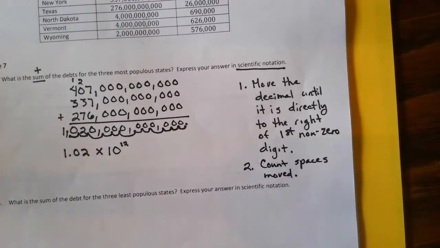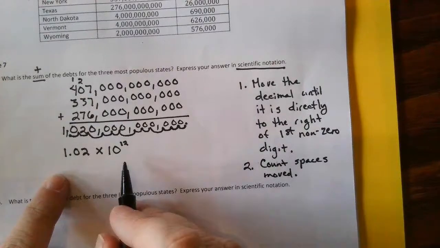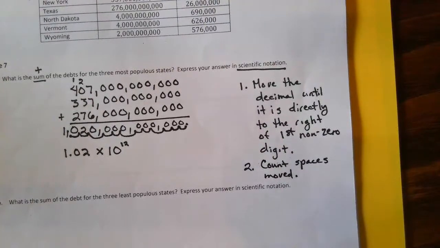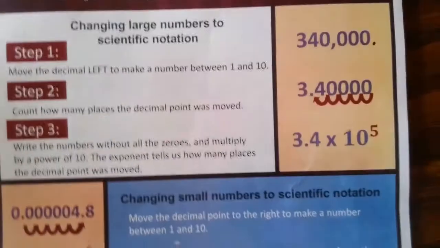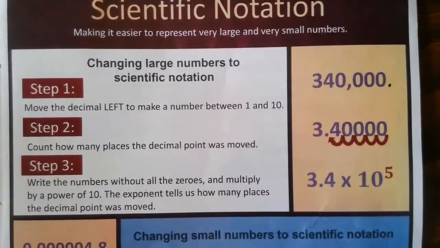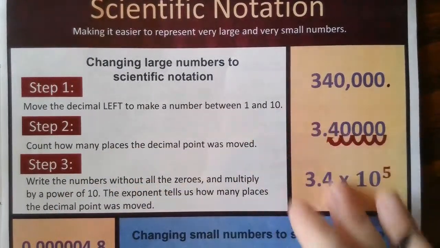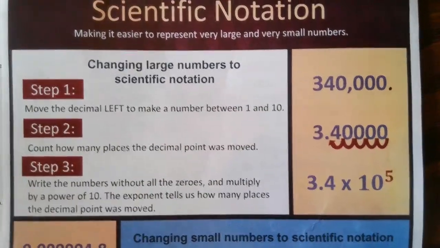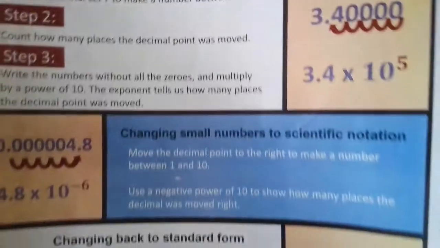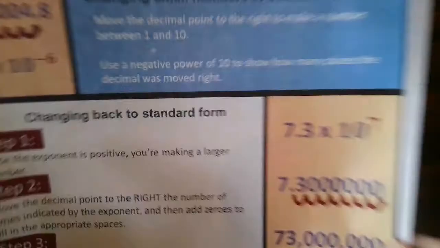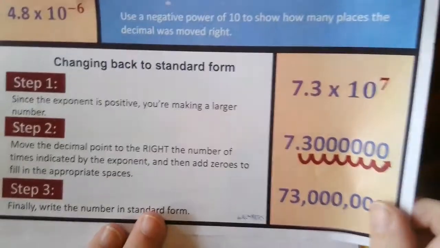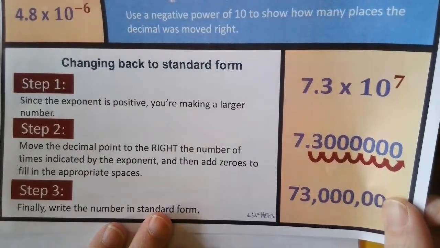And then that gives you all the information that you need to rewrite it. And all of this is written right here on your note page as well. So you have notes to show you how to do it here as well. You have them in black and white. You also have directions on how to change it back to standard form.